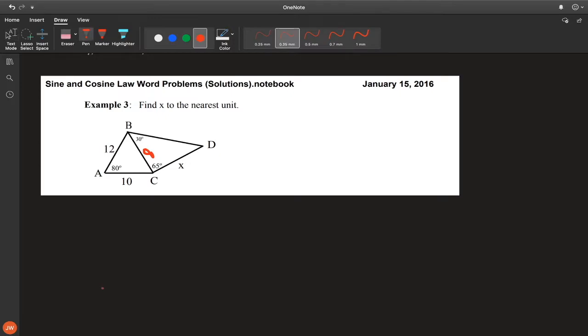So I'm going to set up my cosine law equation. a squared is going to be equal to b squared plus c squared, so 10 squared plus 12 squared minus 2 times 10 times 12 cosine of a, and angle A is 80.